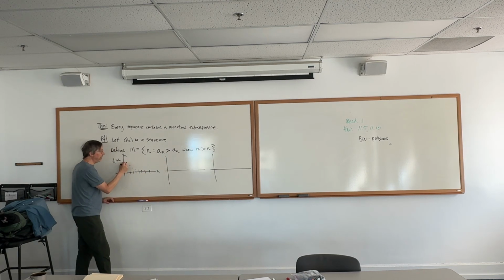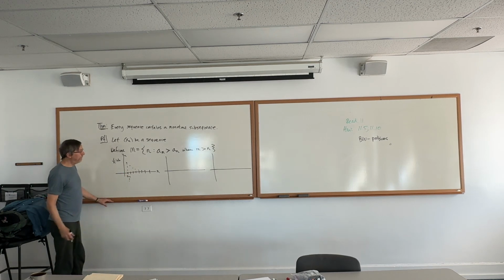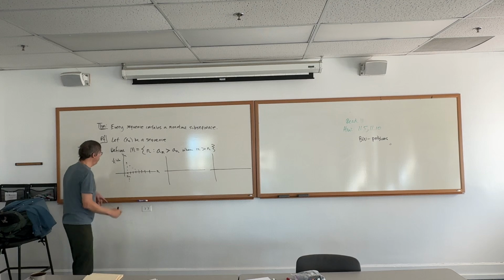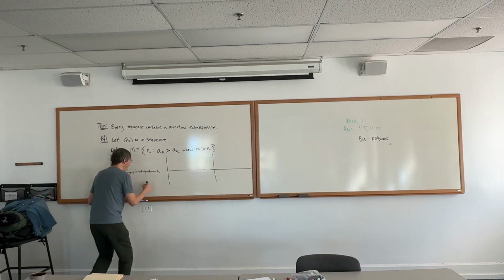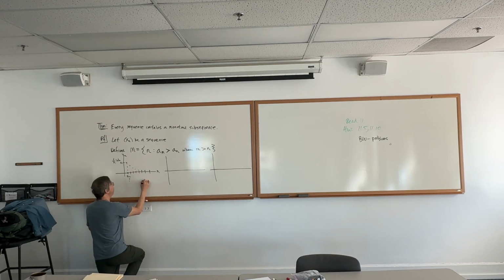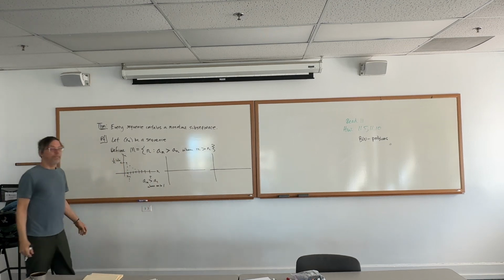So let's take a look right here. We're going to ask ourselves, is n equals 1 in that set M? So this is A1 right here. And so what we would need for that to be in M is we've got to ask ourselves, is A sub m greater than A sub 1 when m is greater than 1?